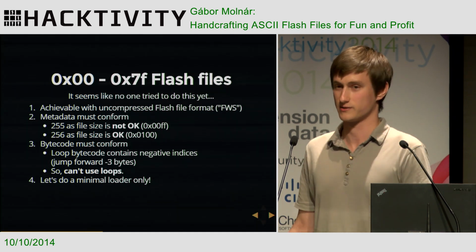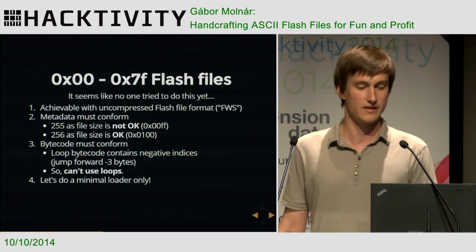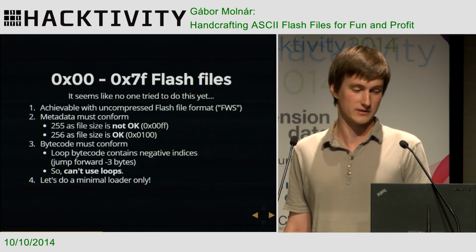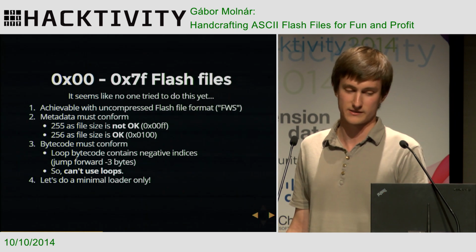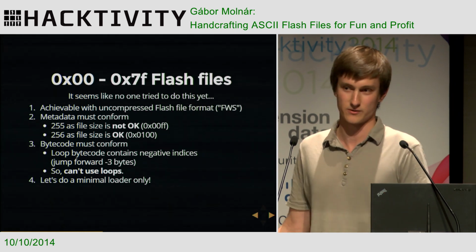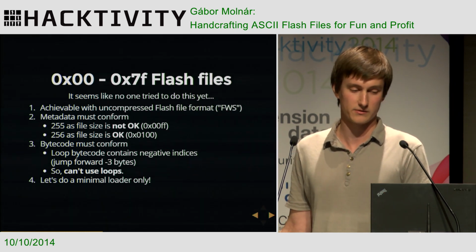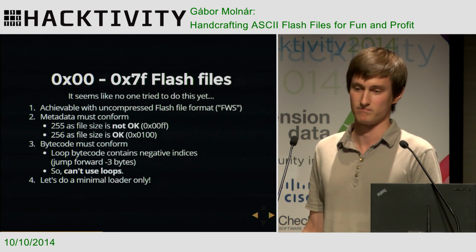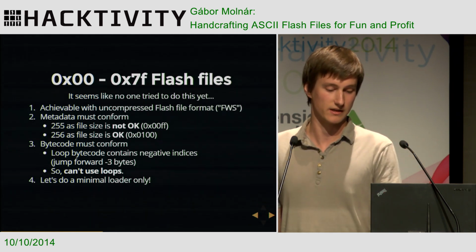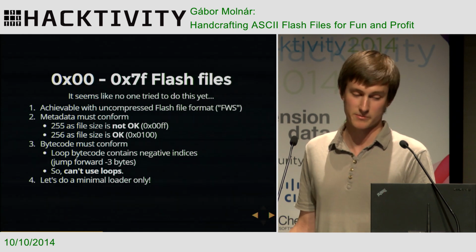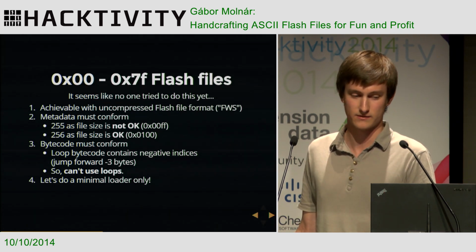There are some restrictions that you need to adhere to, but if you do that, you will not run into any problems. If the file size is 255, that is not okay, because encoding it in 8 bytes will contain FF, which is an invalid character in the lower ASCII half.